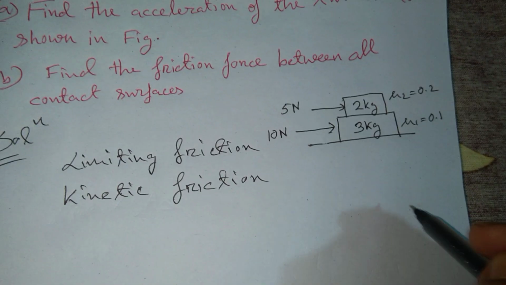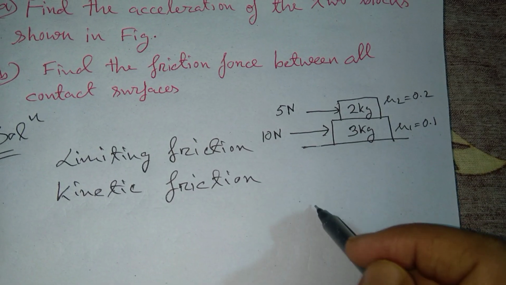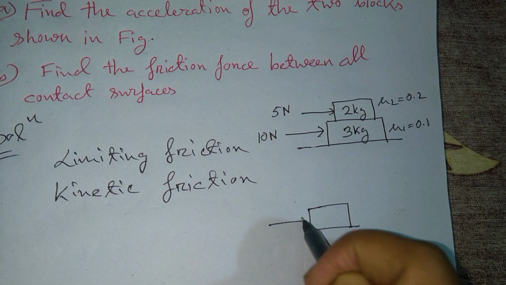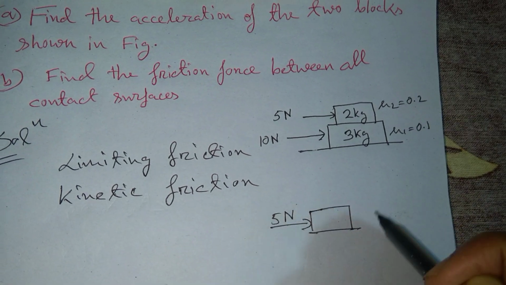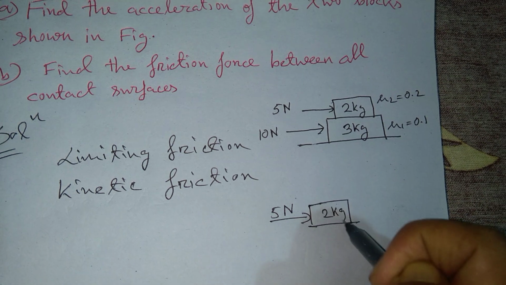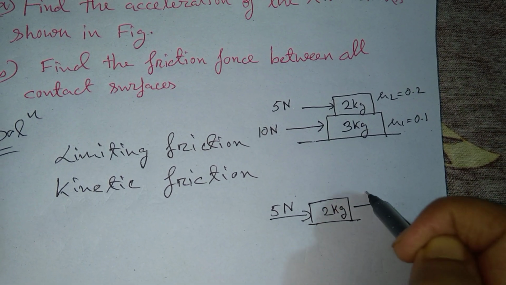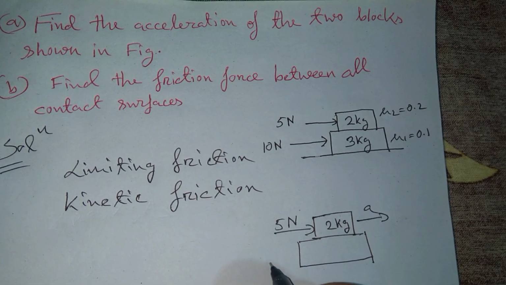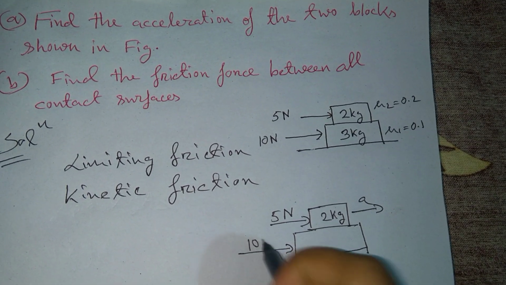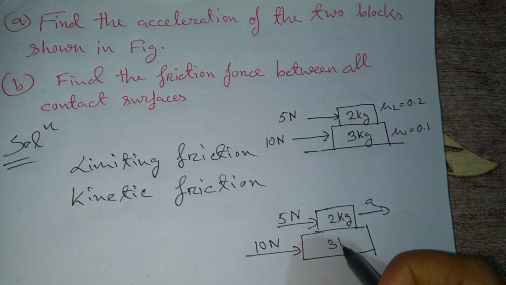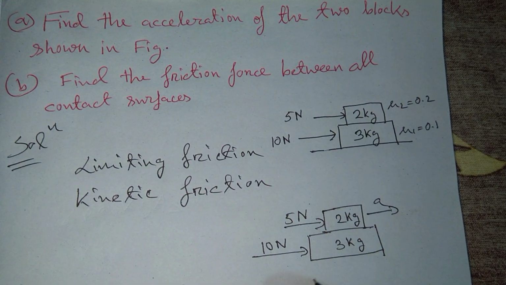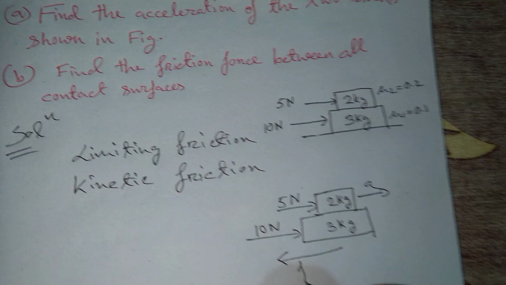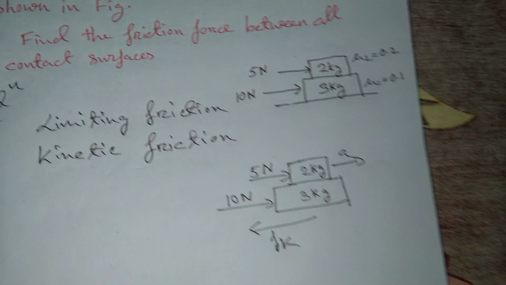Okay, so let's draw the free body diagram. When I apply 5 Newton force, then I get acceleration A in here, and when I apply 10 Newton force, then we get a frictional force, the kinetic frictional force Fk.